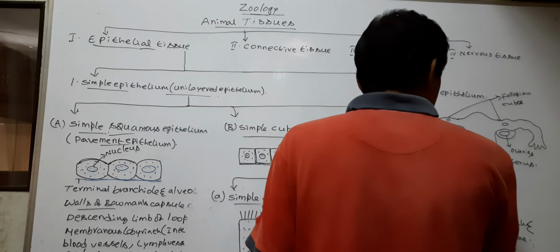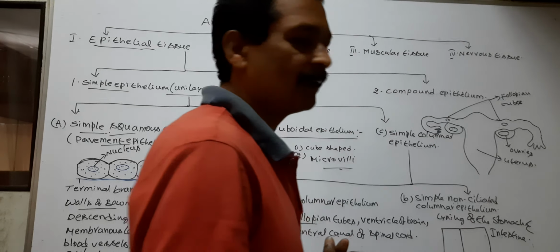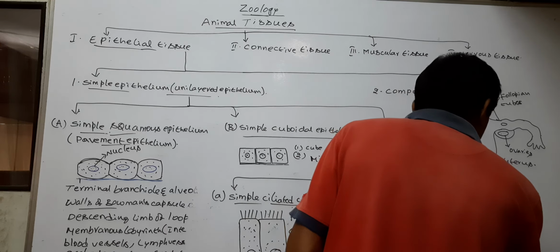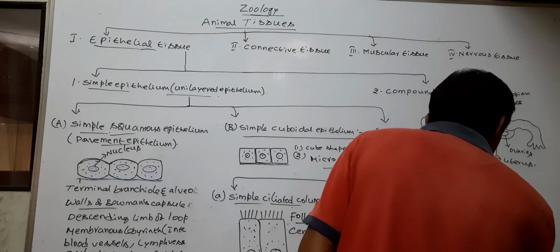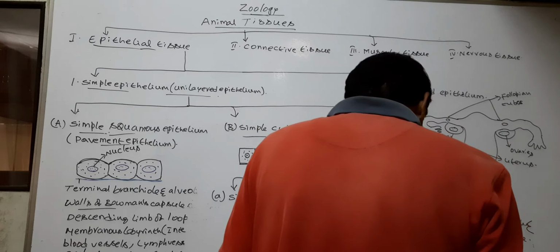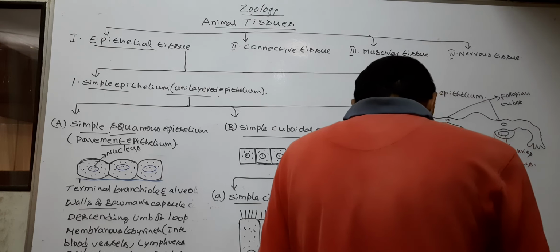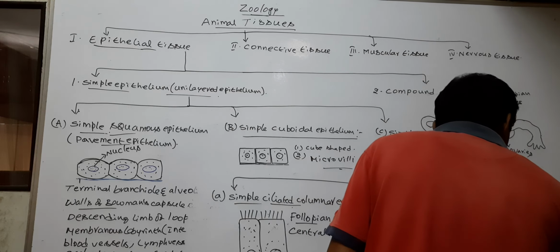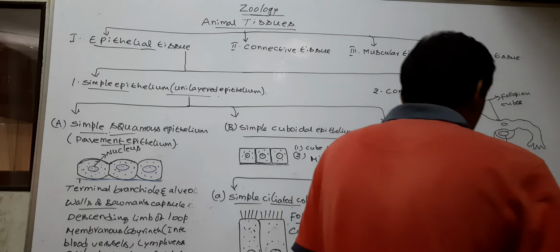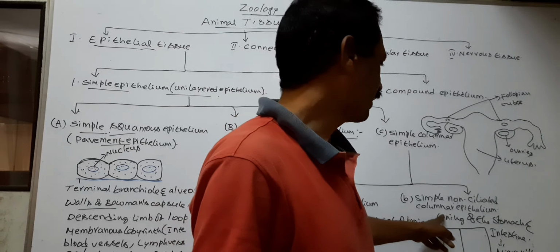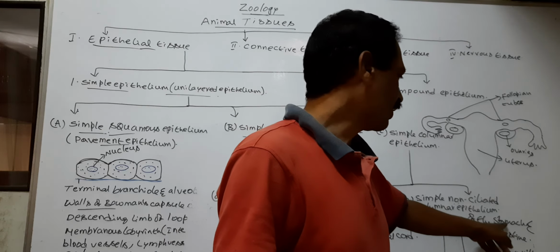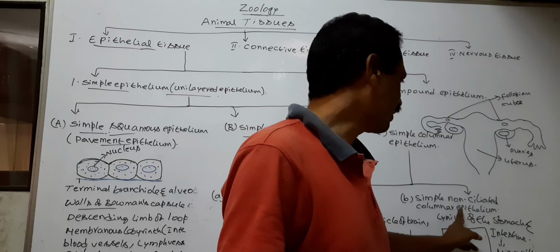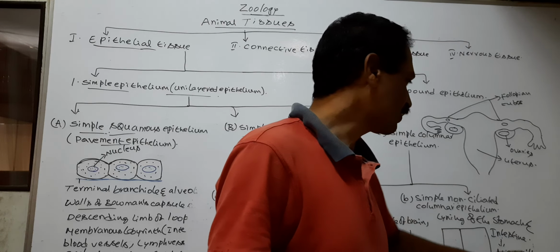The simple non-ciliated columnar epithelium of the small intestine possesses villi or microvilli.